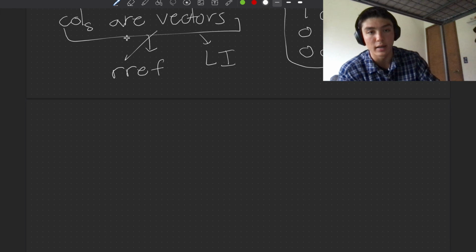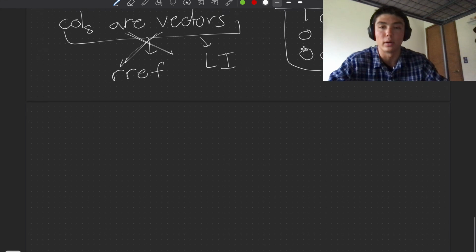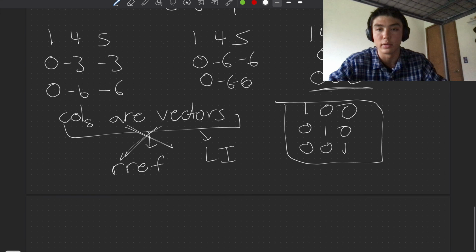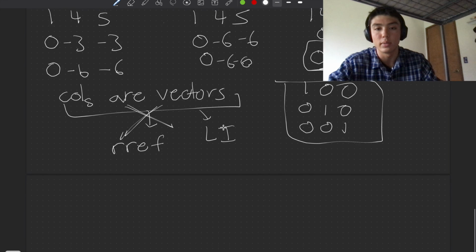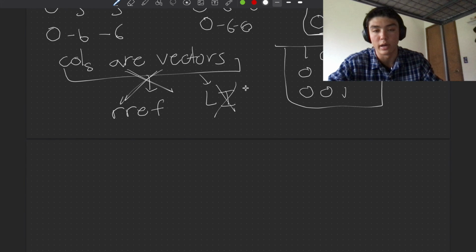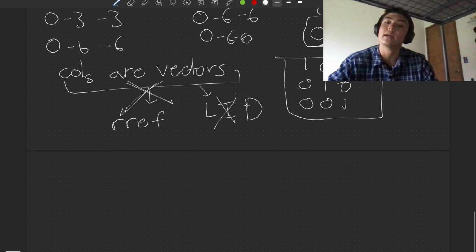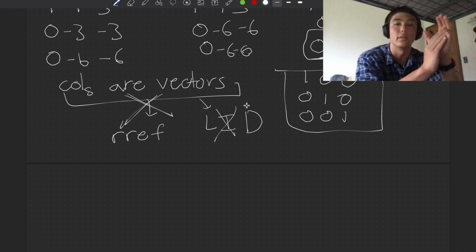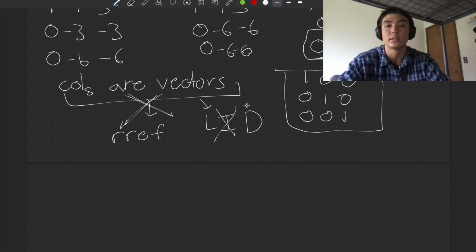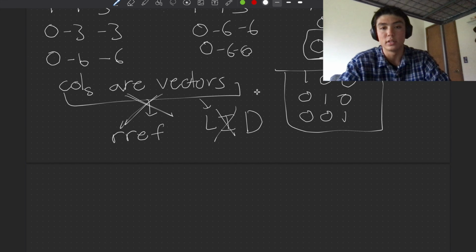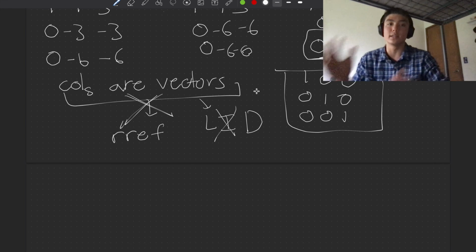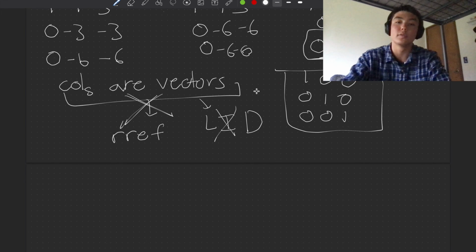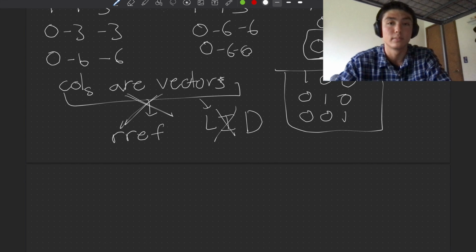However, if you cannot go to reduced row echelon form, like right here, where you end up with a row of zeros, then they're going to be linearly dependent, or LD, and that means that one vector lies in the same vector space as the span of the others. Hopefully that makes a little bit of sense. It's okay if it doesn't totally, but you can kind of see this relation between systems of equations and linear independence.